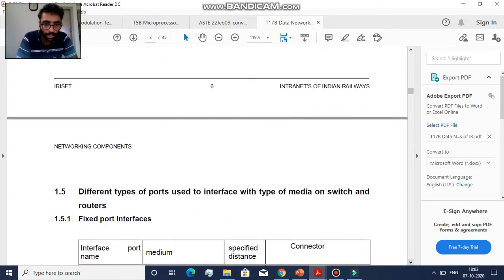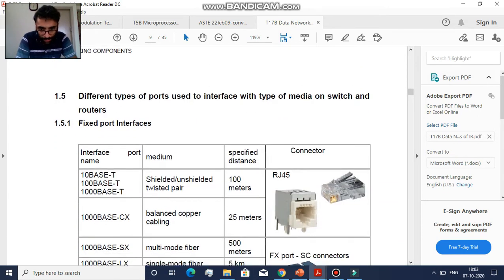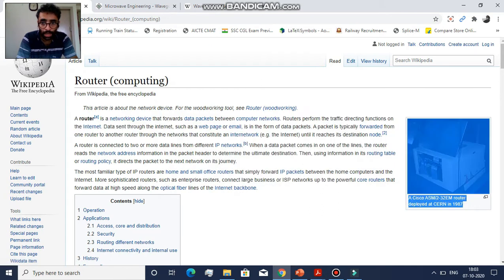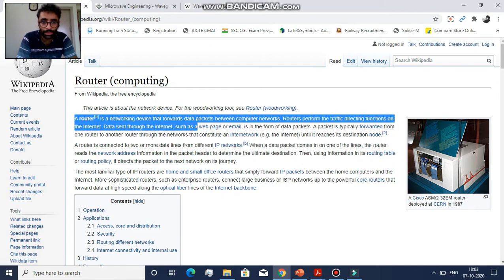Now, an important thing about a router, I'll just open up the Wikipedia for routers. Wikipedia defines a router as: a router is a networking device that forwards data packets between computer networks. Routers perform the traffic director functions on the internet, and data sent through the internet, such as a web page or email, is in the form of data packets.